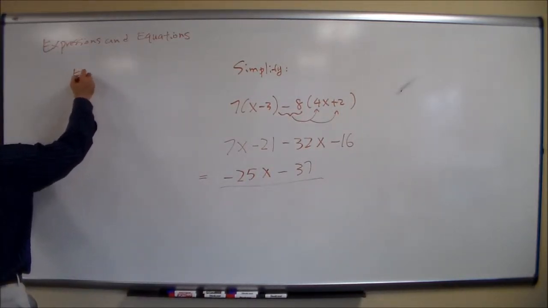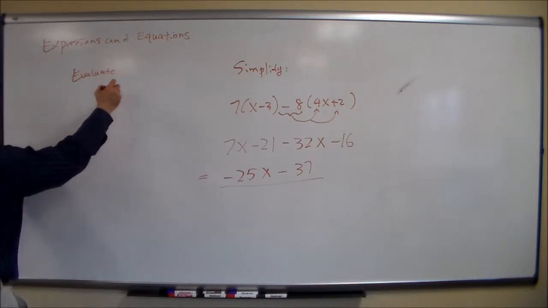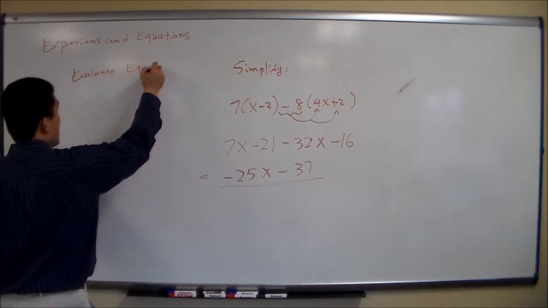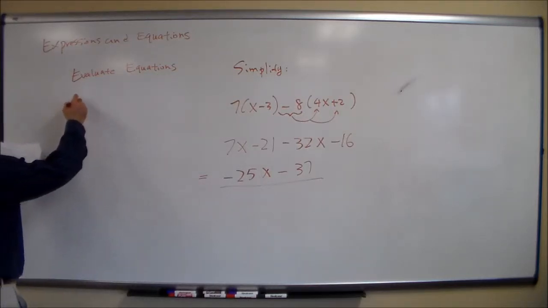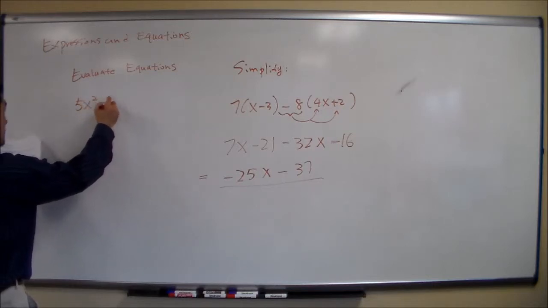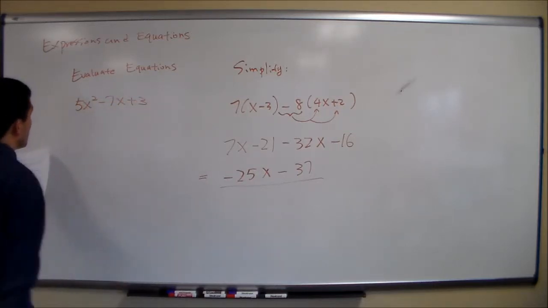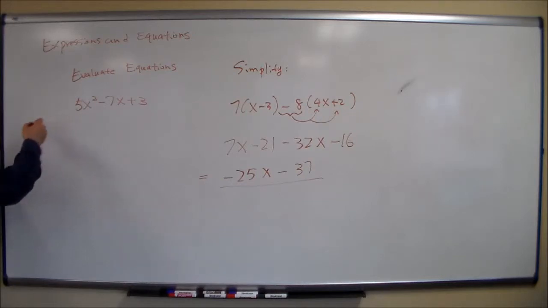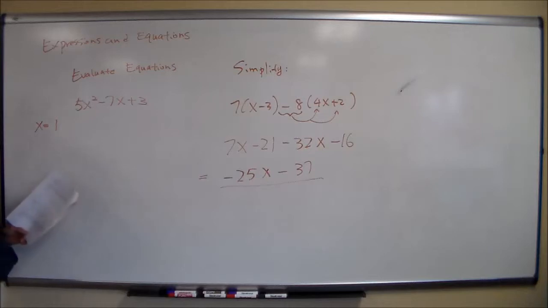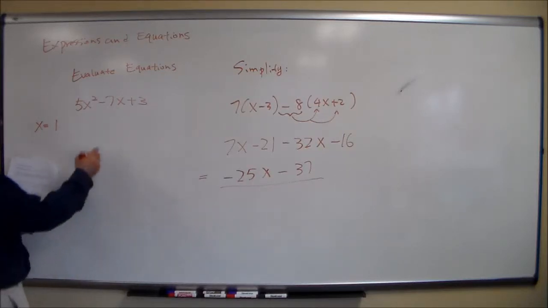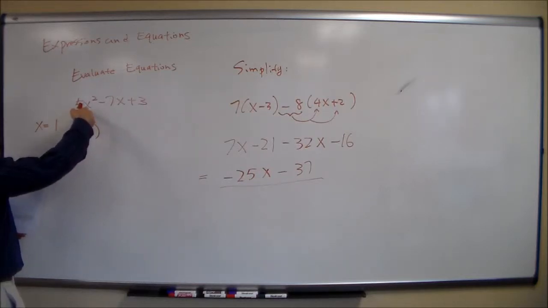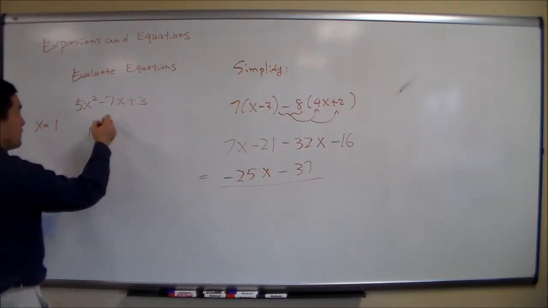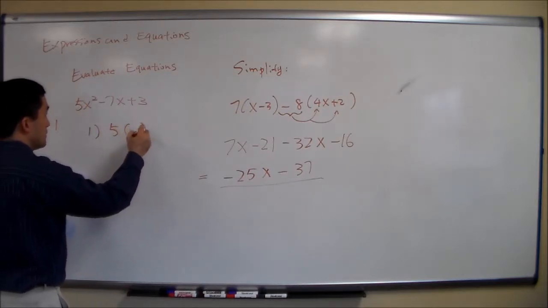Sometimes we are asked to evaluate expressions. What does that mean? For example, you have an expression 5x minus 7x plus 3, evaluate this when x is, say, 1. Well, how do you go about doing that? First of all, replace the x with parentheses. So that's the process. I'm going to replace the x's with the parentheses.